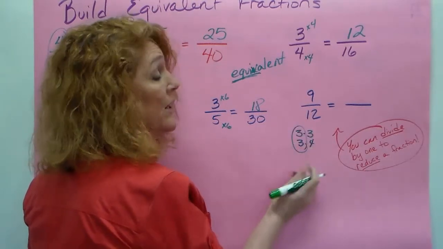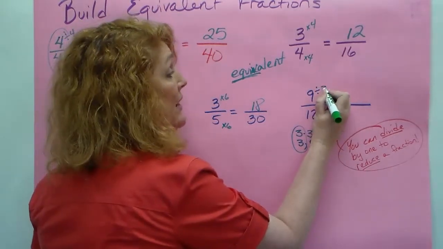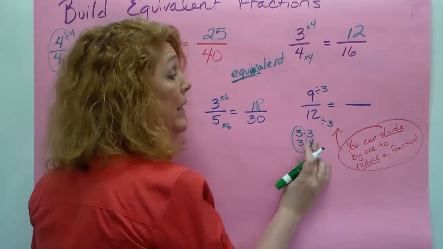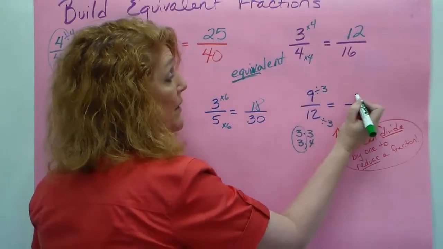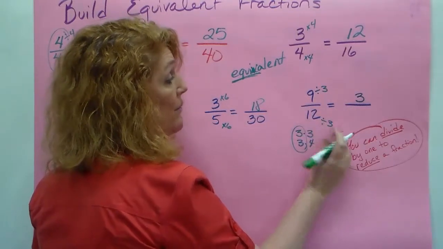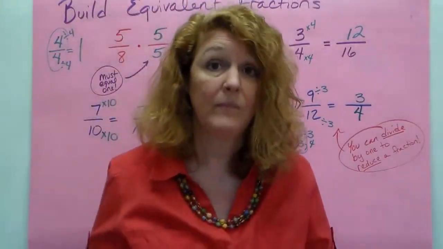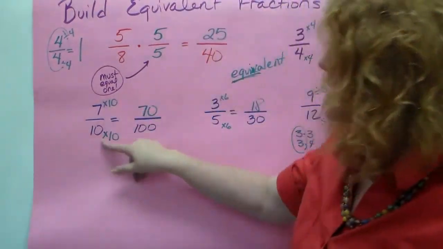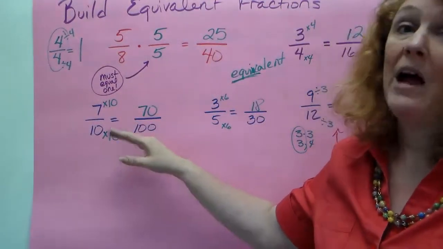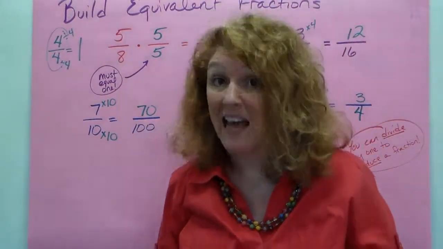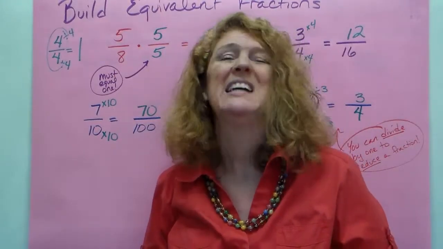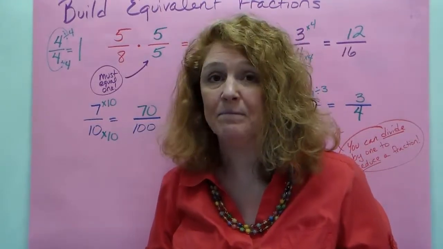They've got a 3 in common. So I'm going to divide the top and the bottom by 3. 9 divided by 3 is 3. 12 divided by 3 is 4. Okay? Notice that I actually write these here. I write them there so that I don't forget what it is that I'm doing, because it's really easy.